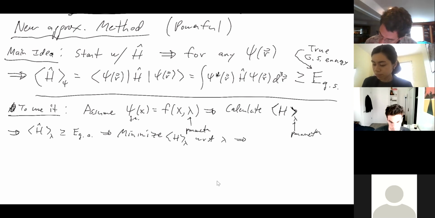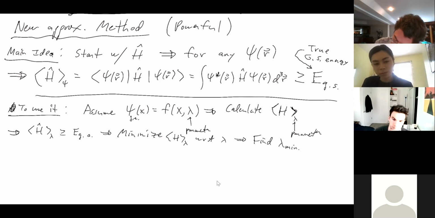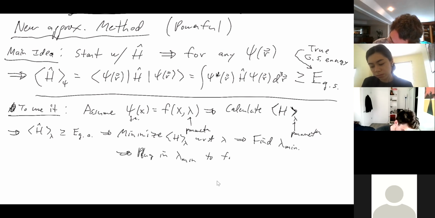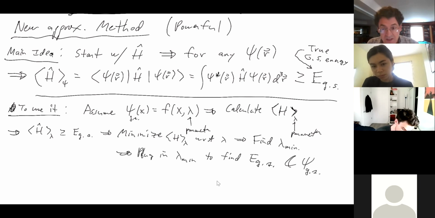Then you find the parameter lambda that gives you the minimum value, and then you plug in that lambda to find the ground state energy and the ground state wave function. Okay, so that's what you do. That's how you use it, and this is very powerful and very important.